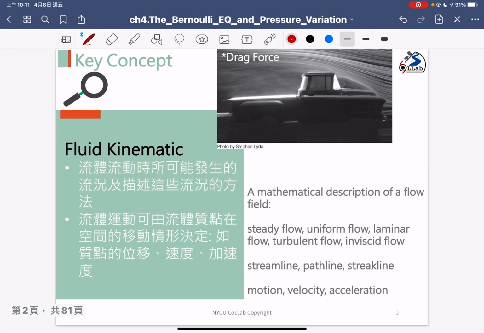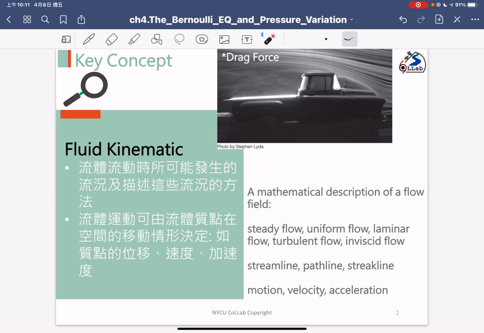When we talk about kinematics, the most important thing we are trying to describe is the fluid flow velocity field.